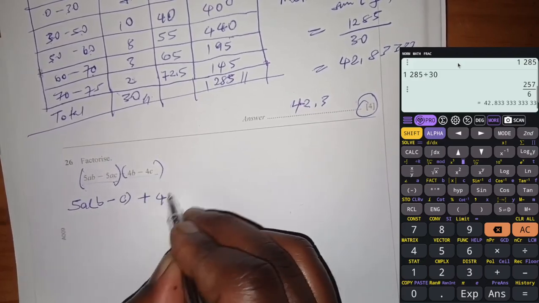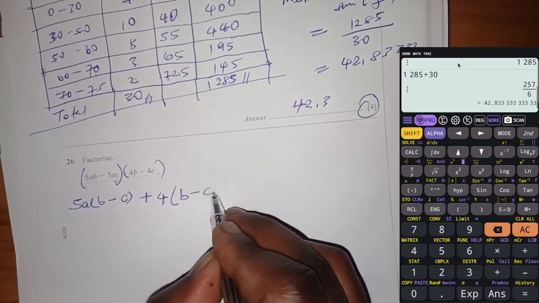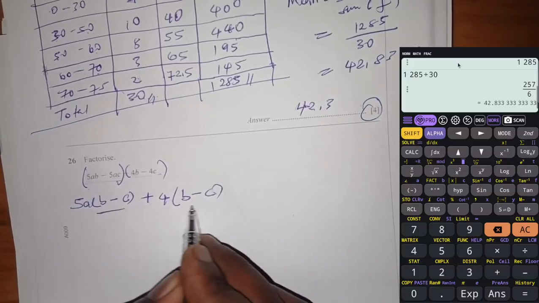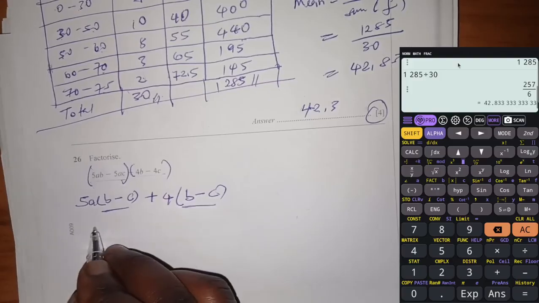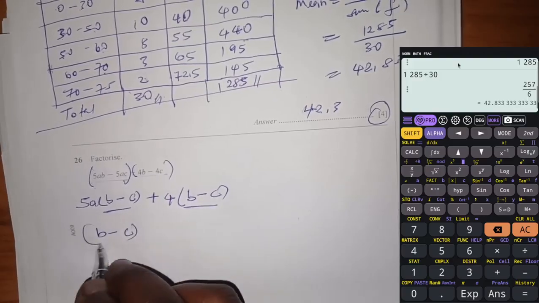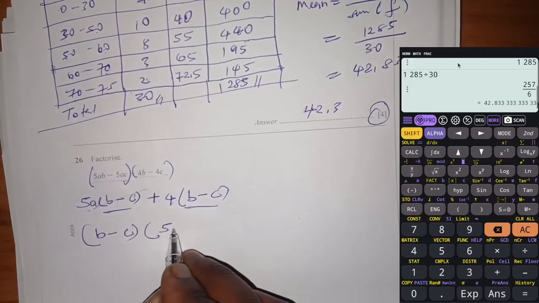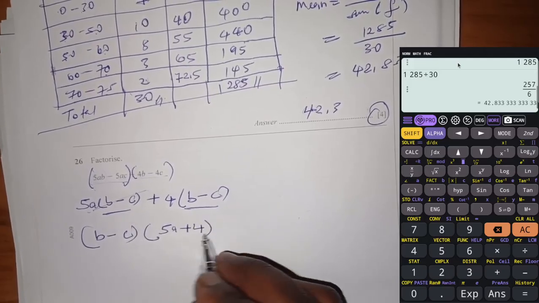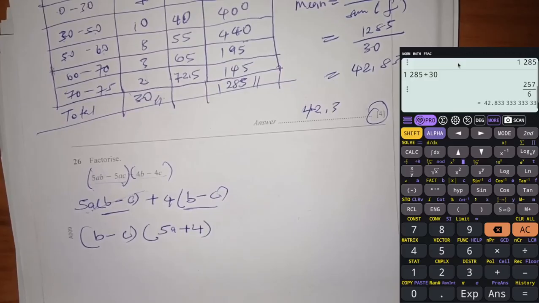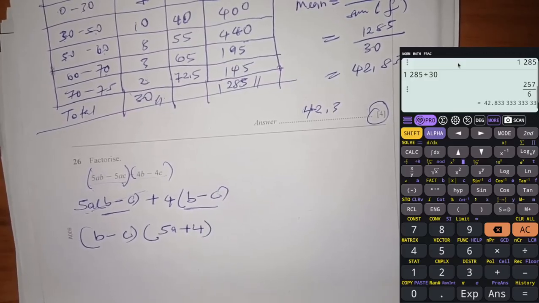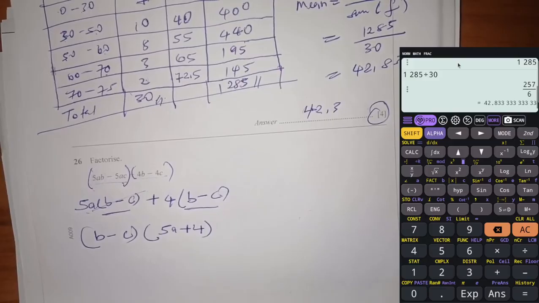Yes, there is 4. Then you are left with b minus c. Now this and this are common, so you take them out, b minus c. What are we left with after taking this out? We are left with 5a plus 4. So we have successfully factorized it: b minus c times 5a plus 4.